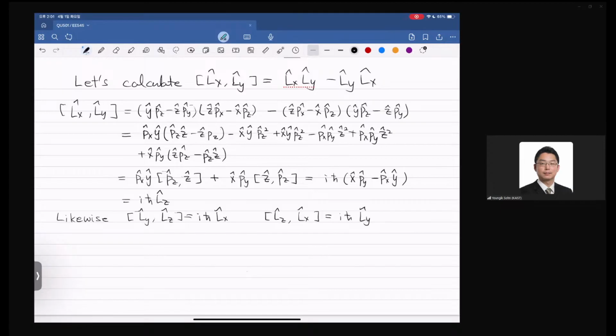They're kind of rotating to each other's position, Lx, Y, Z. So the orbital angular momentum L has a really interesting commutation relationship. They're not commuting, and as a result, their result is another operator that wasn't used on the left-hand side. So we have found a very interesting structure of angular momentum.